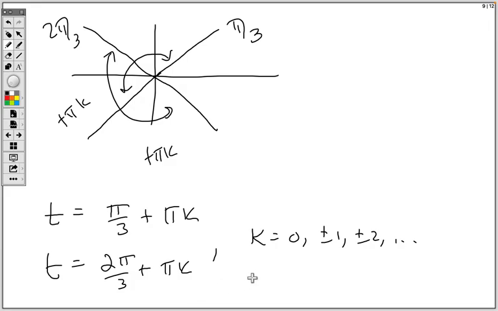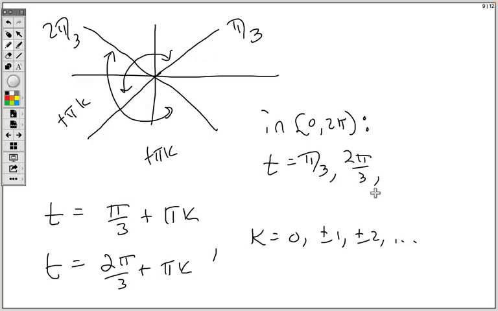And in 0 to 2 pi, I know exactly what those answers are: pi over 3, 2 pi over 3, 4 pi over 3, and 5 pi over 3. Those are the angles between 0 and 2 pi that have a reference angle of pi over 3. And that's it.